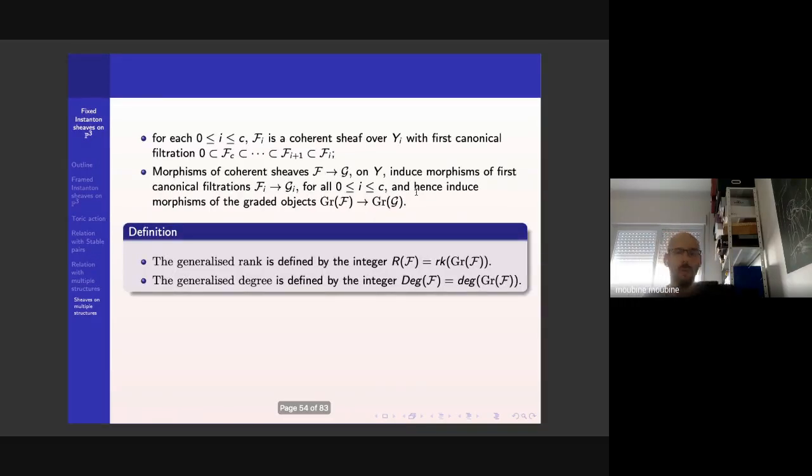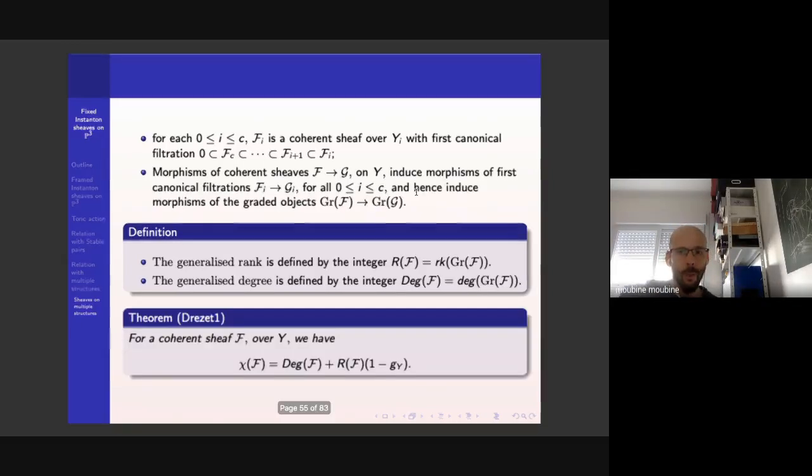Okay, this is used actually to define a generalized rank and generalized degree, because usually these are not defined, or in many cases these are not additive on exact sequences when we consider multiple structures. So to study sheaves on these multiple structures, sometimes we have to know about their invariants, and if these invariants are additive on exact sequences, this is a better situation.